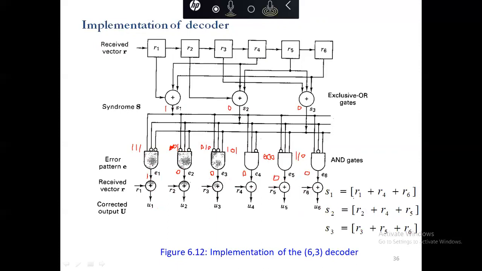And these syndromes S1, S2, and S3 are set with the help of these formulas we have calculated for the code words. You see that S1 is connected with R1, R4 and R6, S2 with R2, R4 and R5, and S3 with R3, R5 and R6.